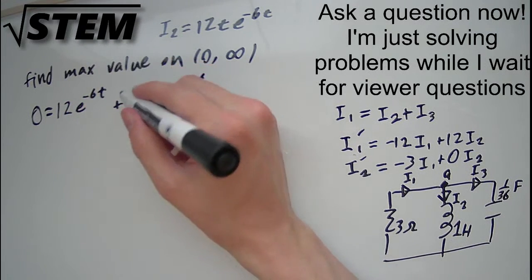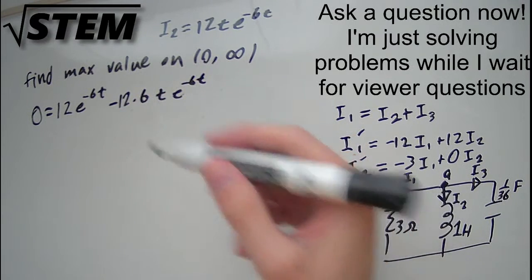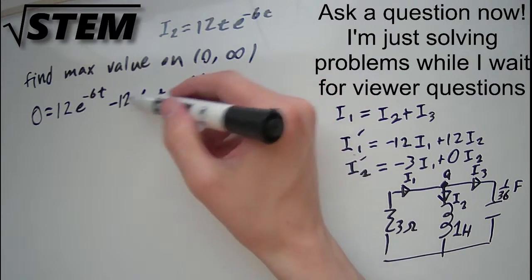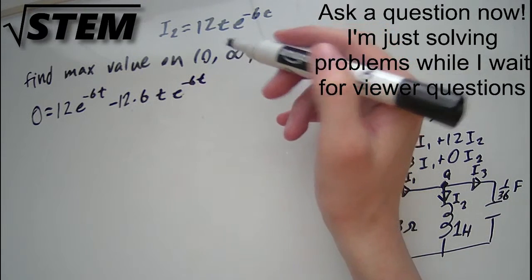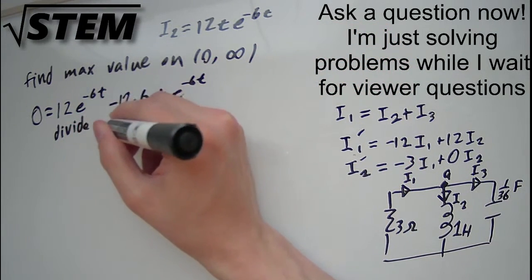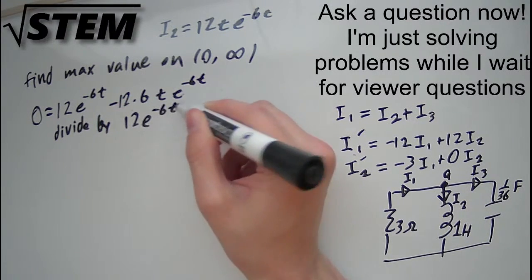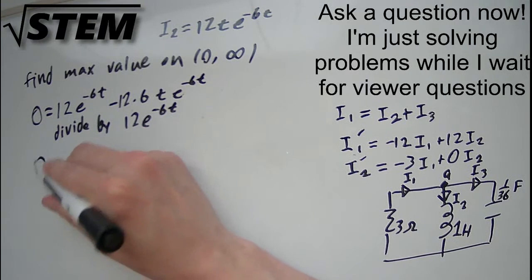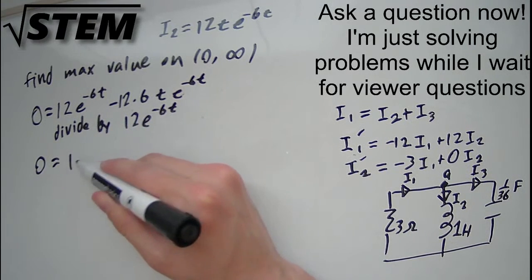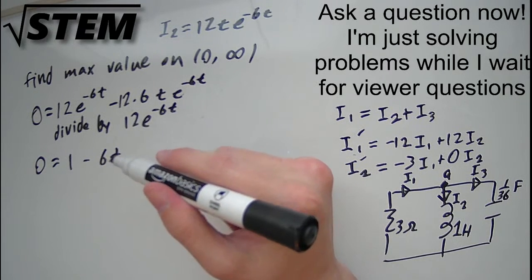Hold on. Also, I dropped that negative 12 times 6. We have a 12 e to the negative 6t in both terms. So divide the whole thing by 12 e to the negative 6t. And we'll get 0 being equal to 1 minus 6t. Much easier to deal with.